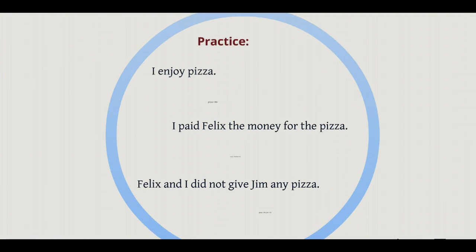Here you see I have 3 sentences. Okay, we're going to look at them one at a time. And I want you to identify the direct object and the indirect object in each sentence. So let's look at sentence number 1. I enjoy pizza. Take a moment.